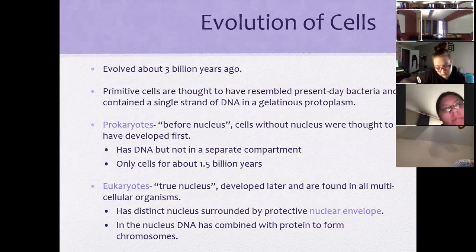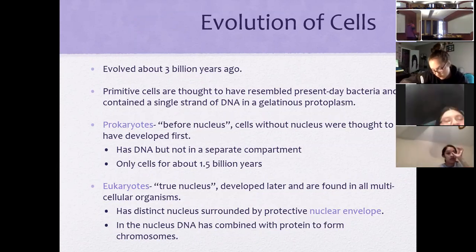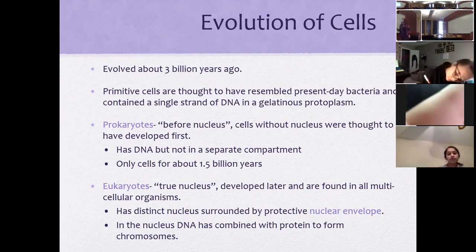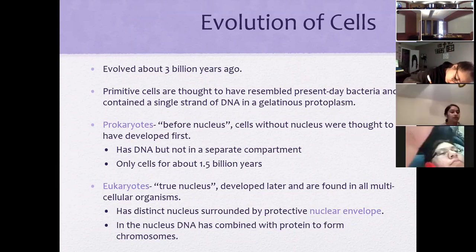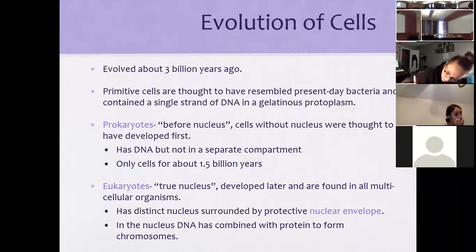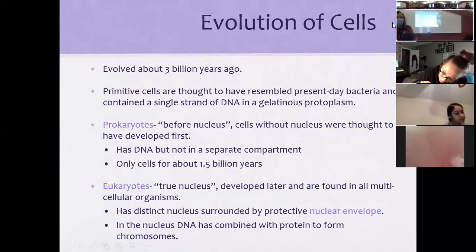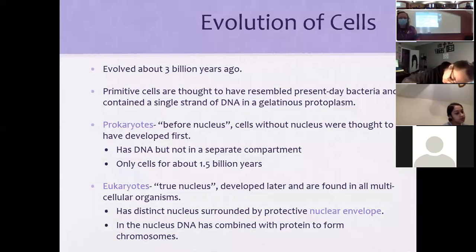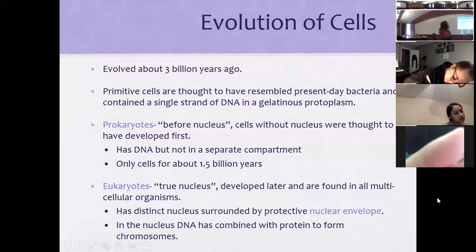All right, so let's talk a little bit about evolution and what happened with our cells, because some really interesting stuff happened. We have these primitive cells. We think that they resembled what bacteria looks like today. These very primitive cells are called prokaryotes.